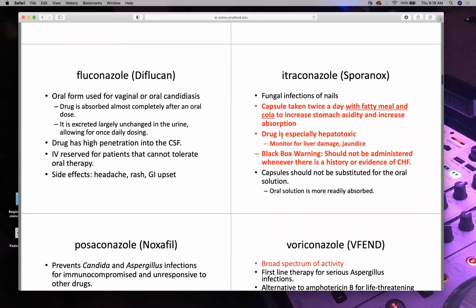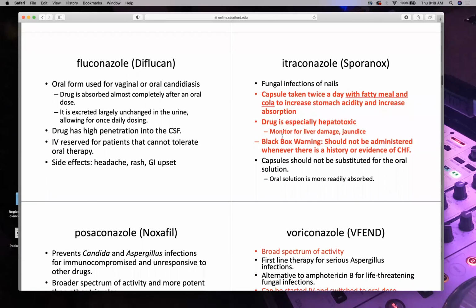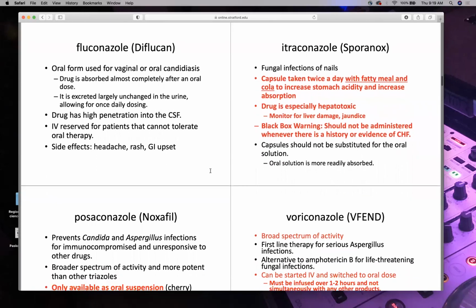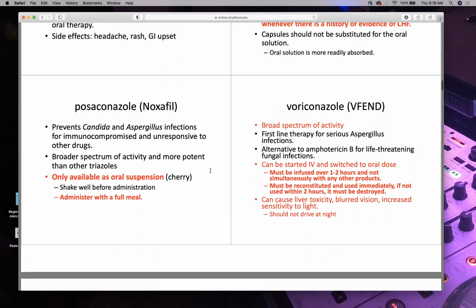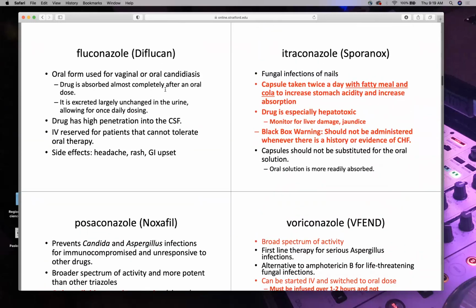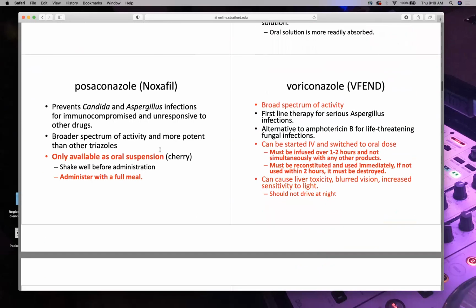Fatty meals, right? Noxafil, I haven't used this too much. I used Sporanox and Diflucan more when I was practicing, right? But one thing that's cool about Noxafil is that it's a prophylaxis for infections for an immunocompromised patient, including HIV patients.